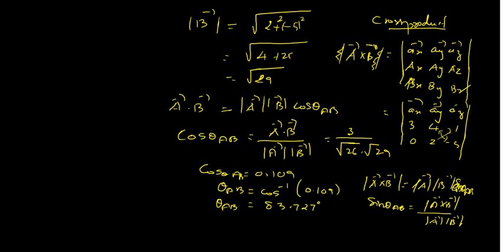So theta AB is equal to sin inverse of the right hand side value. So find the answer. That will be similar to this 83.